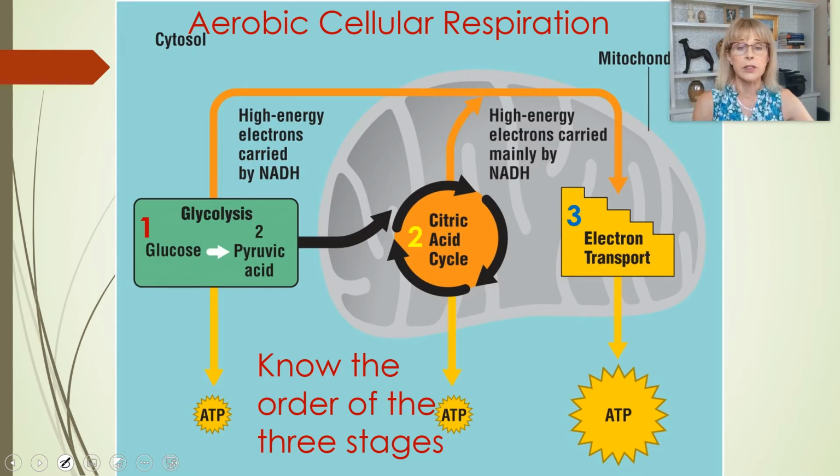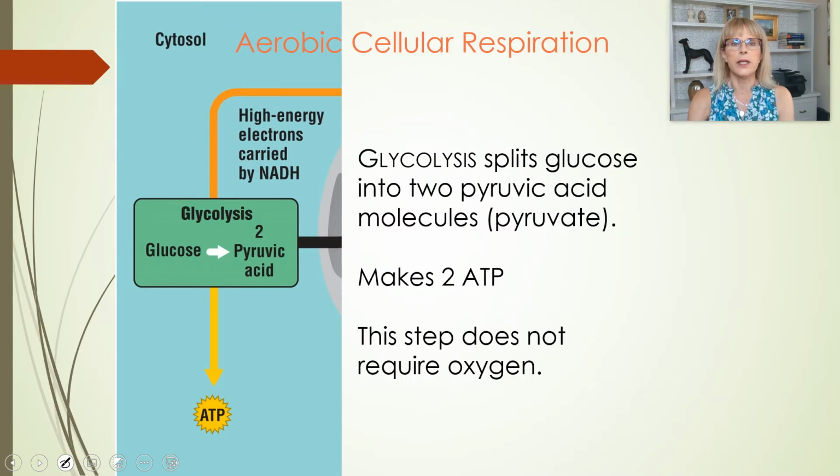Stage 2, the citric acid cycle, does not need oxygen, but happens inside of the mitochondrion. And stage 3 is the electron transport chain. It happens in the mitochondrion, and it definitely needs oxygen. Good.